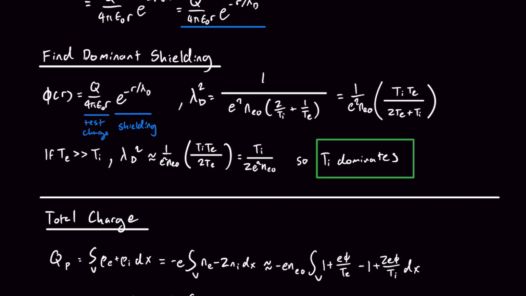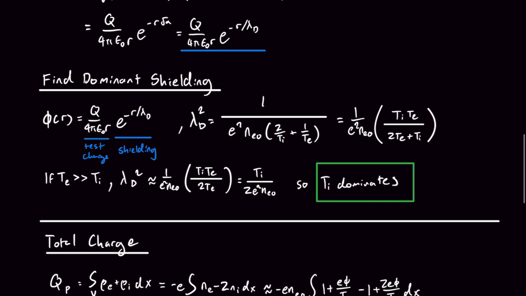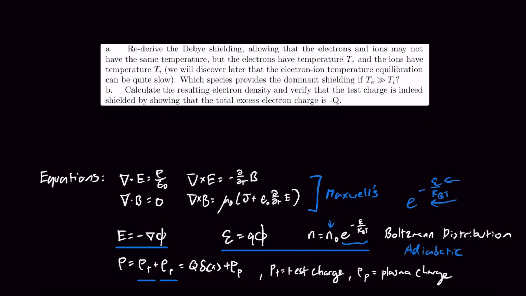So the bottom term becomes only Z times Te, and the top term stays the same. And then you can cancel out Te, so you end up with a dependence of the Debye length on just Ti. So then the temperature of the ion is what dominates. All right, cool. So we got part 1 done. Which species provides a dominant shielding.